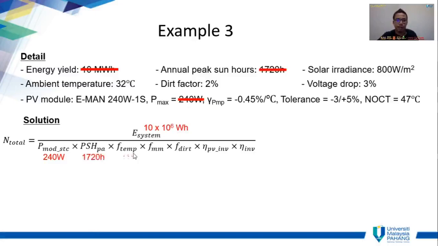And then the F temp, which I mark as equation number 1. F temp is not given directly, so you need to find it based on the previous chapters we have learned.